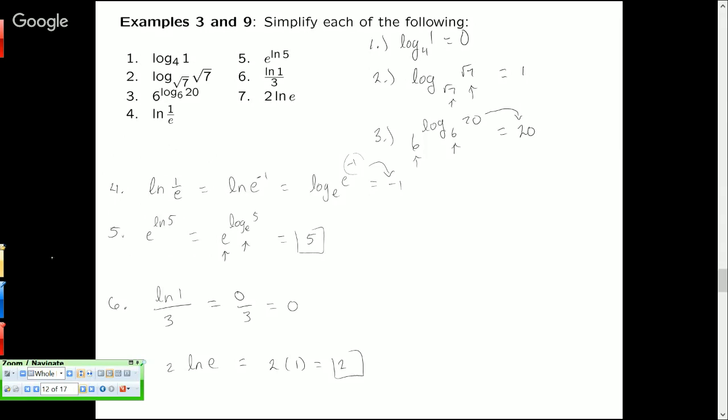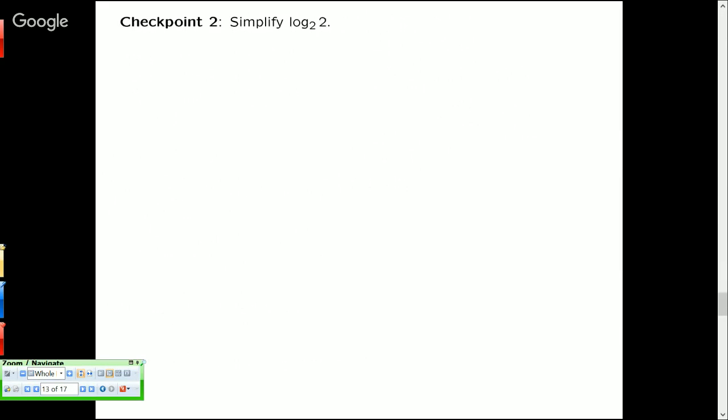Which means you guys have a checkpoint exercise. Again, this one has no work either. You just write your answer down. You guys need to see the property screen.